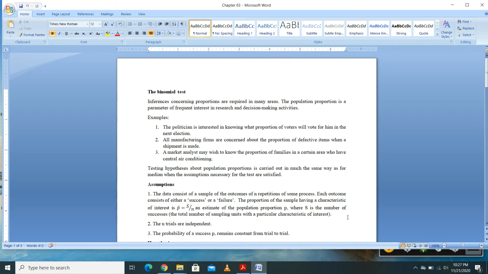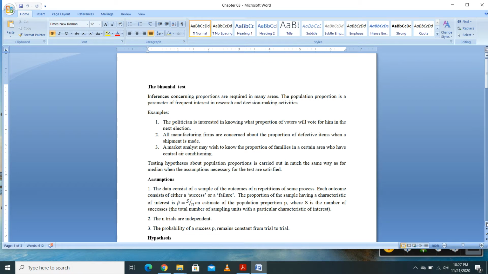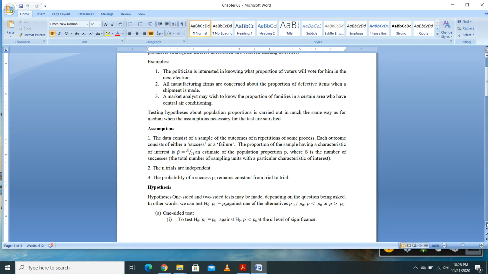When we use the binomial test, as with the sign test and the Wilcoxon test, we have some assumptions to satisfy. One assumption is that the data consists of a sample of outcomes of n repetitions of some process. Each outcome should consist of either a success or a failure.